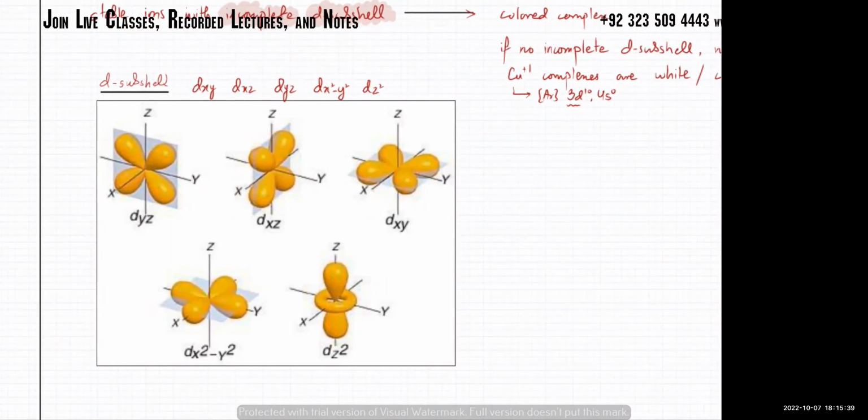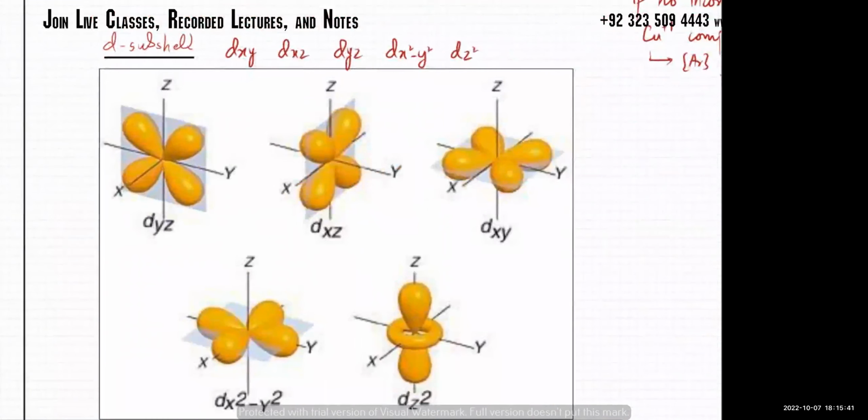If you look closely at dyz, the electron density lies between the y axis over here and the z axis over here, right in the middle. If you look at dxz, the electron density lies between the x and the z axis, right in the middle.